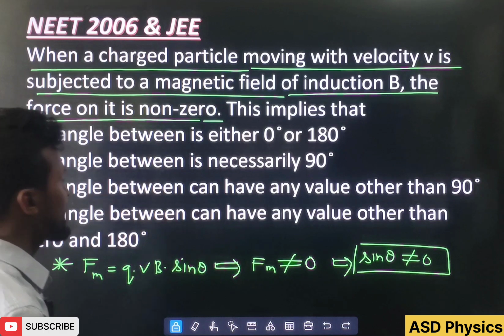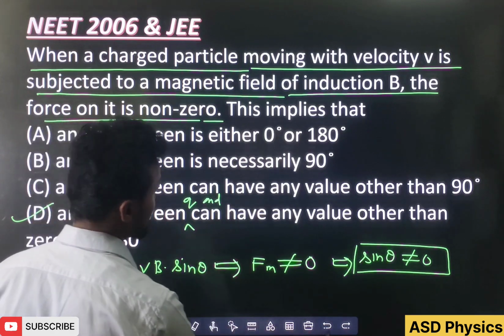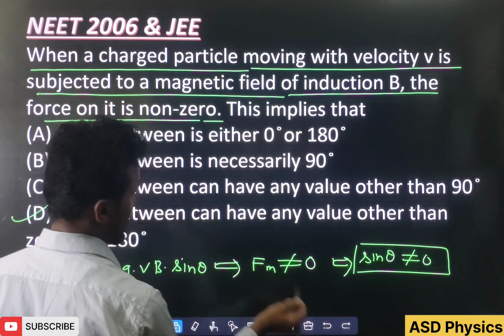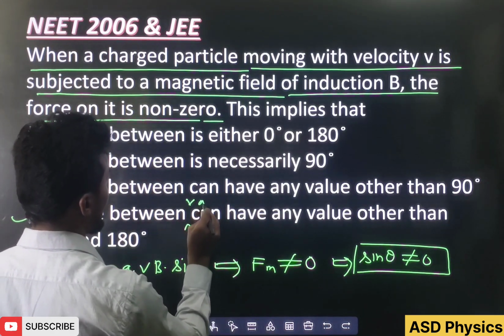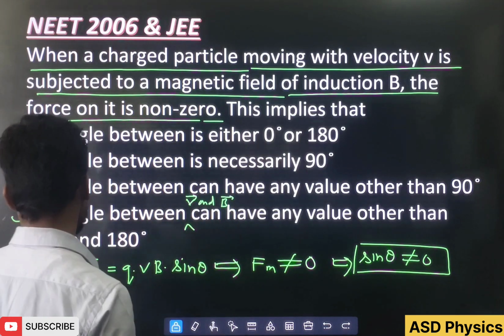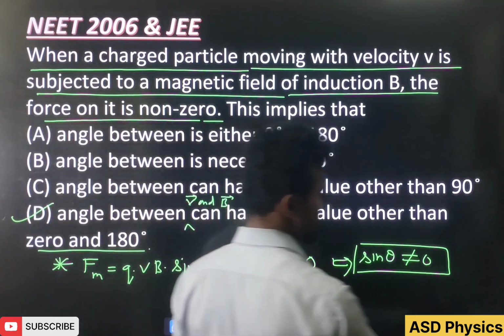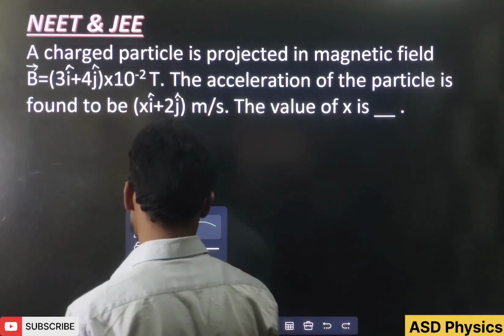The angle between V and B, velocity and magnetic field, can have any value other than 0 and 180 degree. Great. Now students, let's go to the next question.